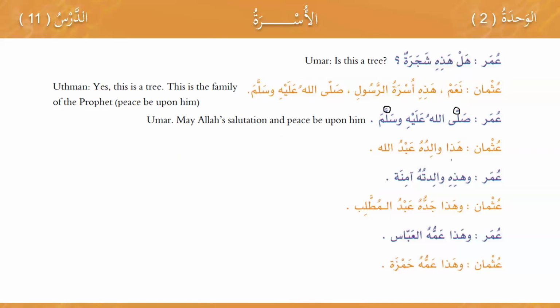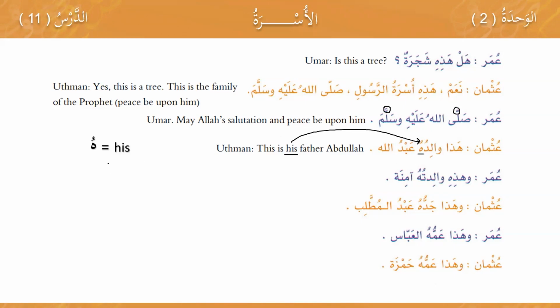Uthman: hada waliduhu Abdullah. This is his father, Abdullah. So now you can see here the attached pronoun hu, which refers to his father. So when you look at the translation, you can clearly relate that when you use the attached pronoun hu, it means his. Umar: وهذه والدته آمنة.